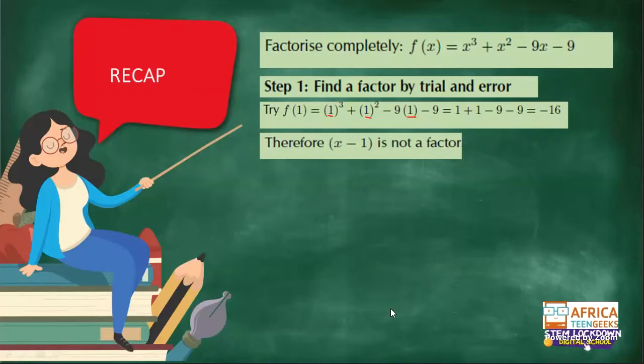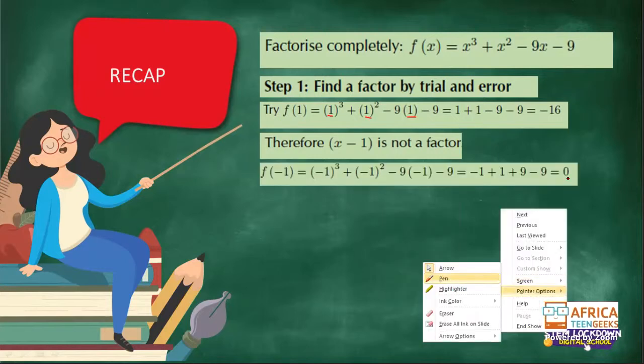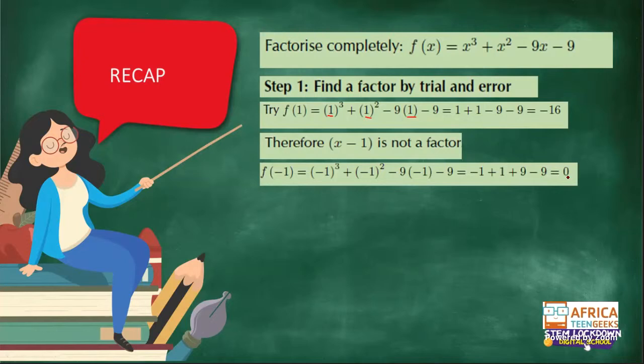So you would substitute negative 1, and because you have 0, it means negative 1 is a root of the function.